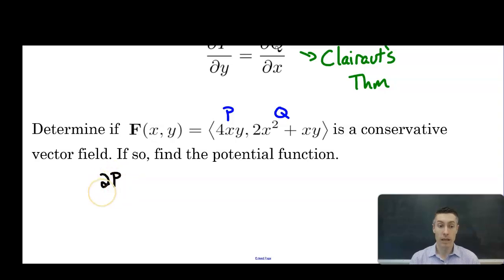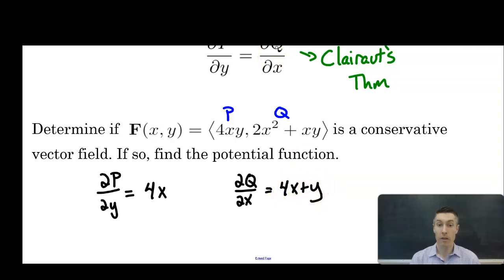The partial of P with respect to y is equal to 4x. The partial of Q with respect to x is equal to 4x plus y. So those two are not equal, so that tells us that F is not conservative.